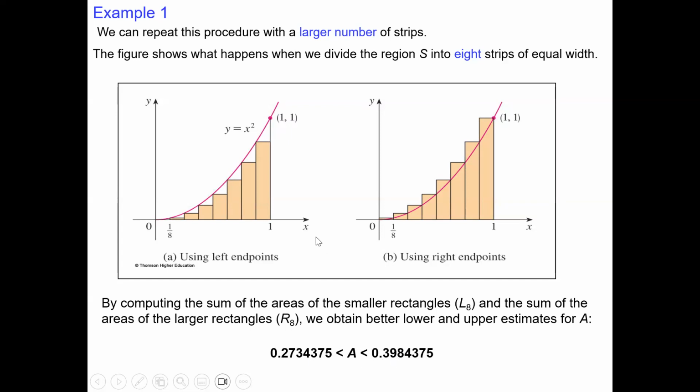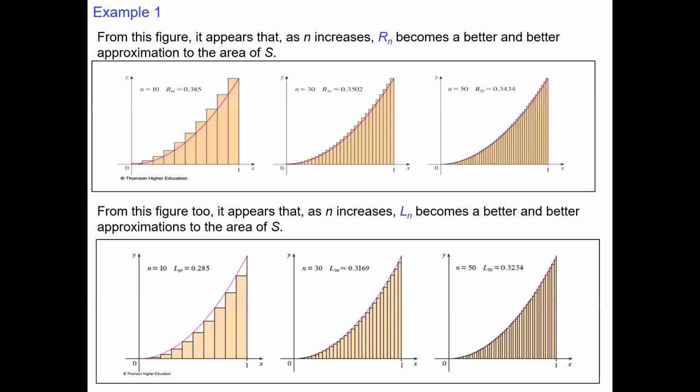And you may even think even 8 is not enough. We can increase the number of rectangles. And let's see this. I took 10, 30 right and left, 50 right and left. And we can see with even 50, how we are almost perfectly plotting the top of these rectangles, creating our curve, x squared.